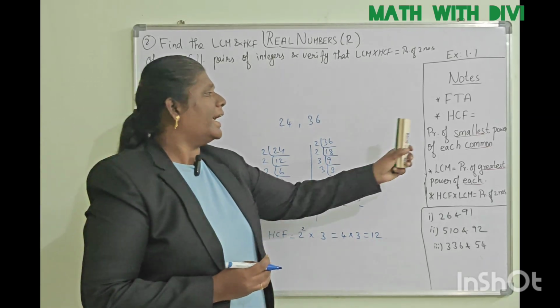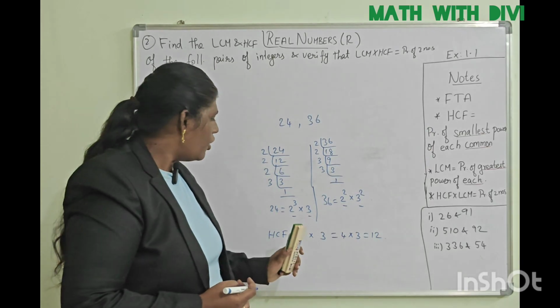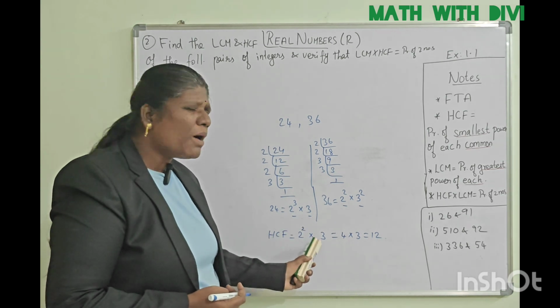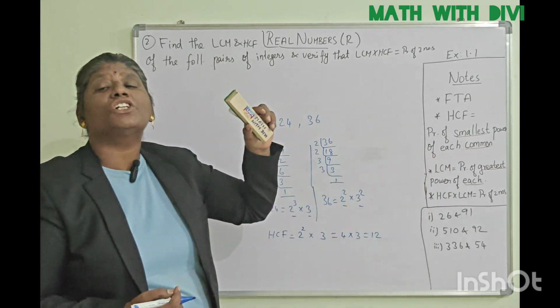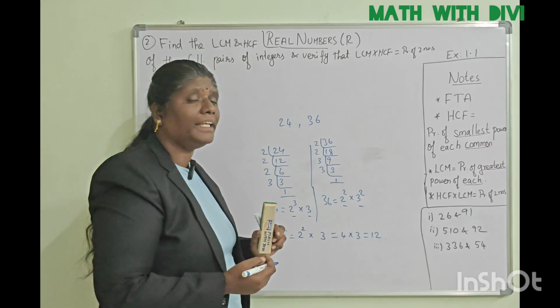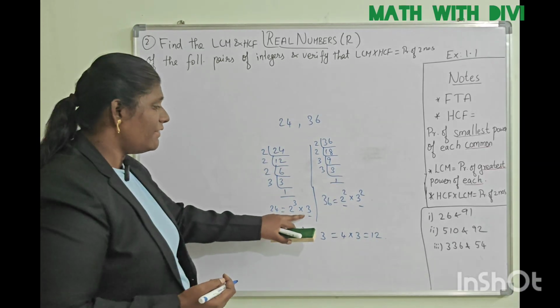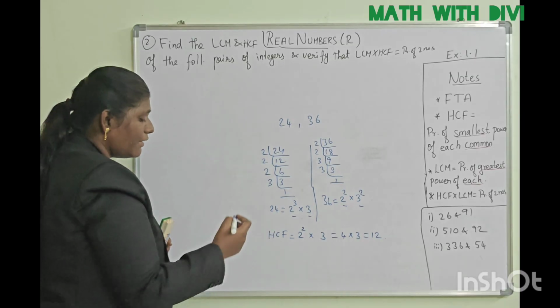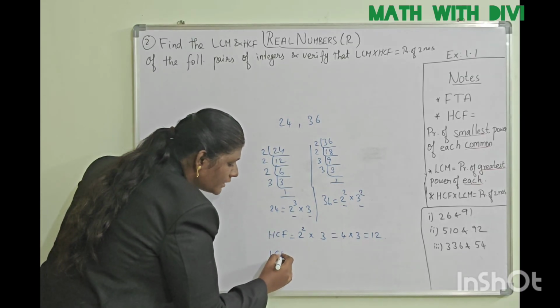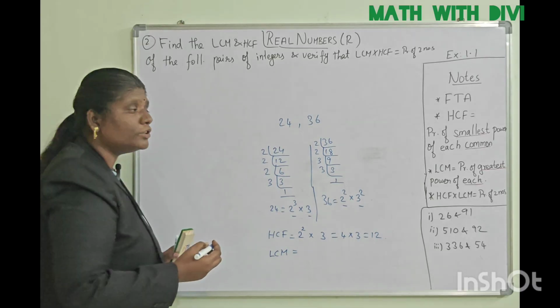So HCF is nothing but the product of the smallest power of each common factor. We only have to choose the common factors, not the remaining factors. Suppose I want to find the LCM for this, how can I choose?